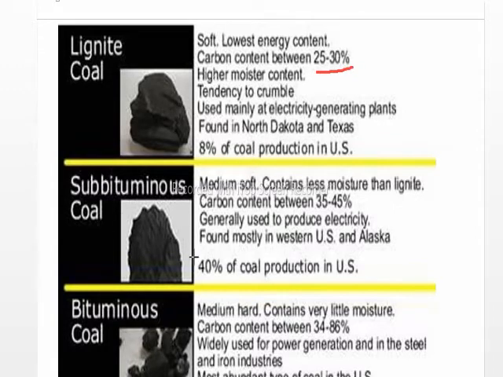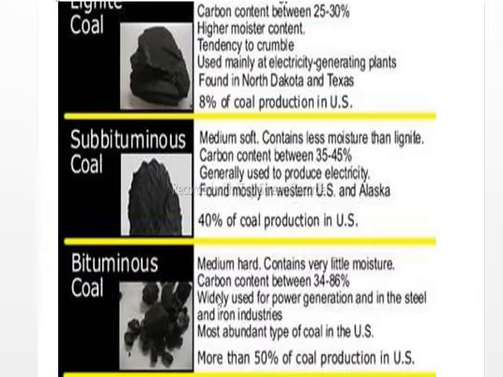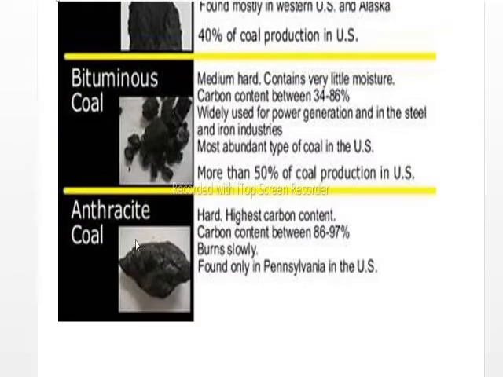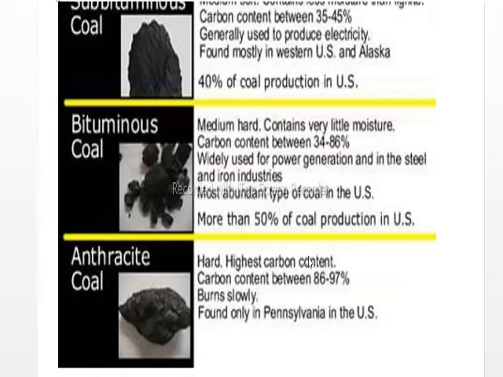Similarly, subbituminous coal contains 35 to 45% of carbon. Okay, and similarly you can see here the third one is bituminous coal that contains 34 to 86% of carbon, and the last one is anthracite coal, right, it contains 86 to 97% of carbon.